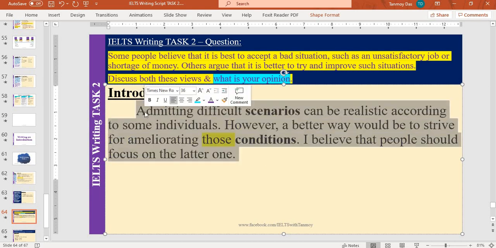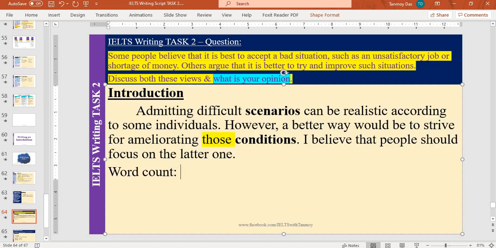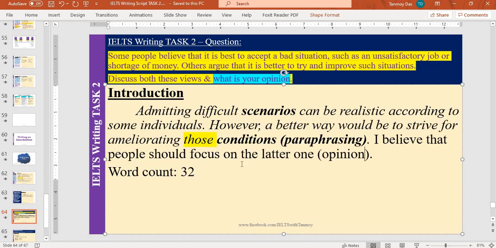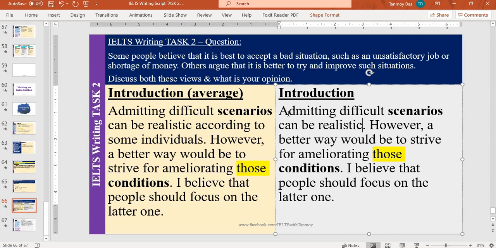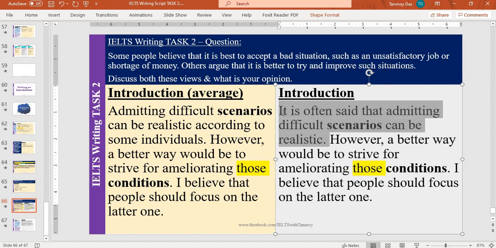How many words are there? 32. So it's okay, but I want to make this particular introduction better. Okay, just watch. According to some individual, okay, I'm not going to write it. I'll replace it with another idea, like I like to write in impersonal style.